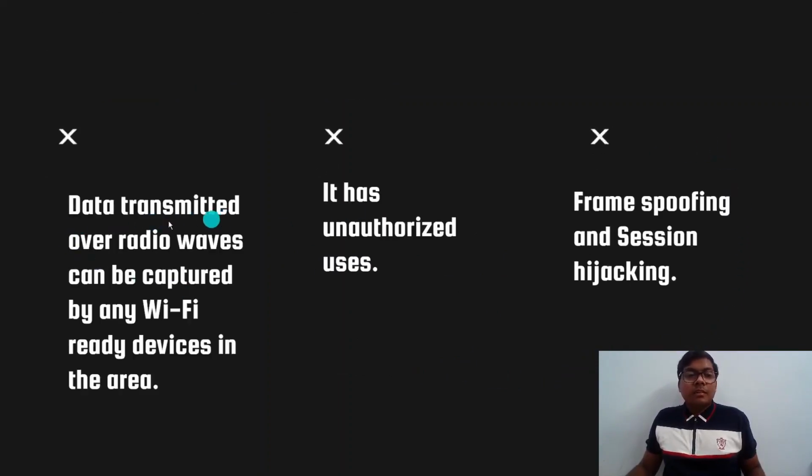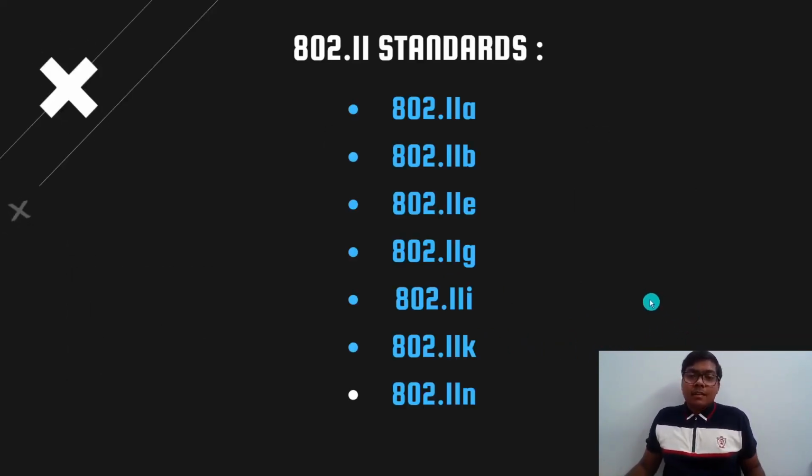Data transmitted over radio waves can be captured by Wi-Fi ready devices in the area. It has unauthorized users, so it is prone to threats such as frame spoofing and session hijacking. So these all lead to many disadvantages, as this is unauthorized access and we get hijacked easily. With this, we complete the advantages and disadvantages.